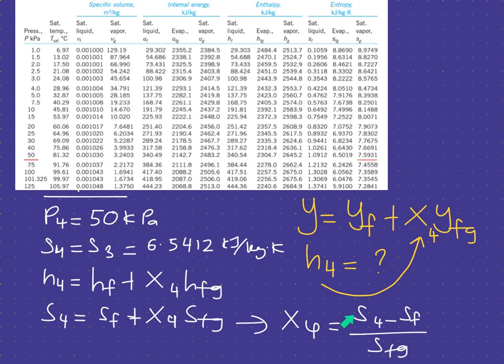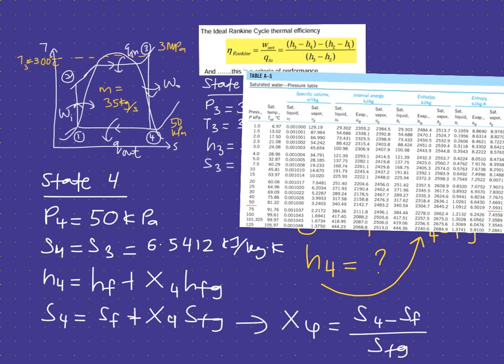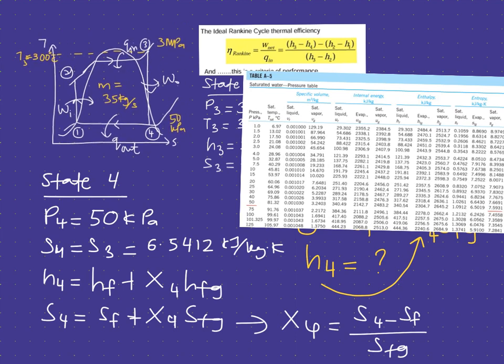Where are you going to find sf and sfg? Again from 50 kilopascal, because we are talking about state 4 at the moment, right? And where do we get this S4? This S4 is directly from this entropy over here, where at the early stage, since this is a simple ideal Rankine cycle, S3 must be equal to S4. There are no losses. The process is assumed to be reversible.